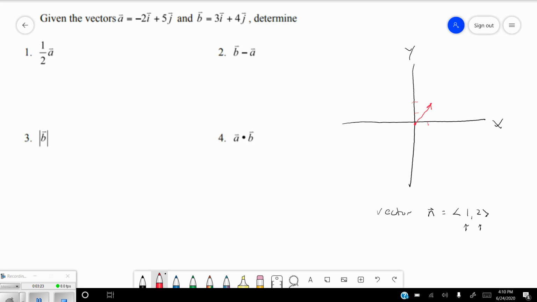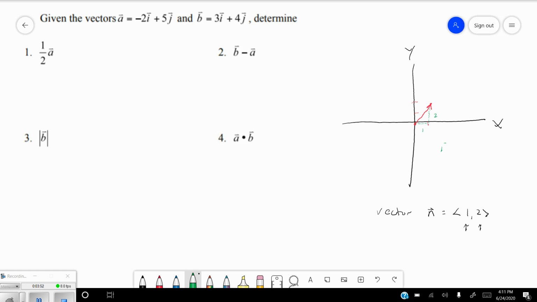And the basic idea to find the magnitude is just using the Pythagorean theorem. I would go however my distance was in the x direction, so that would be this green dotted line here, and then the distance in the y direction would be the green dotted line vertically. The green distance in the x direction would be 1, the green distance in the y direction would be 2, and to find the actual magnitude, you're just going to use the Pythagorean theorem.